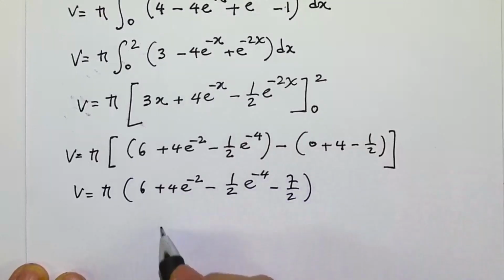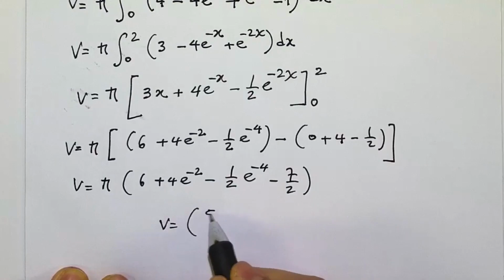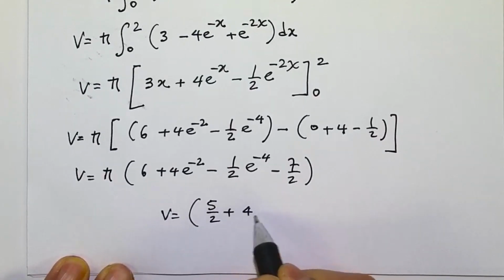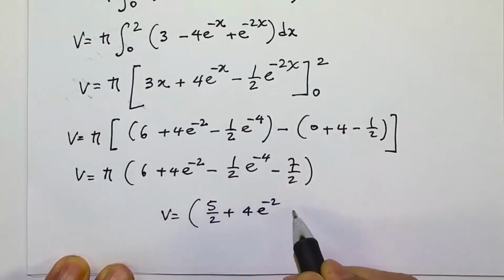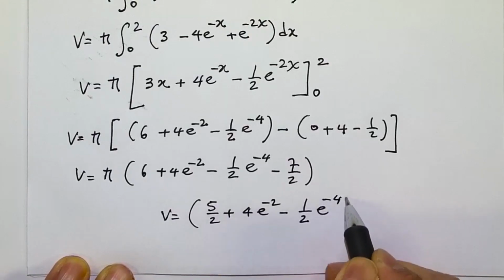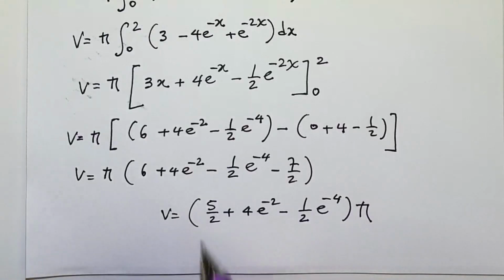And then, of course, the final result after combining the 6 and minus 7/2, we will get 5/2 plus 4 times e to the negative 2 power minus 1/2 e to the negative 4 power, all times pi.